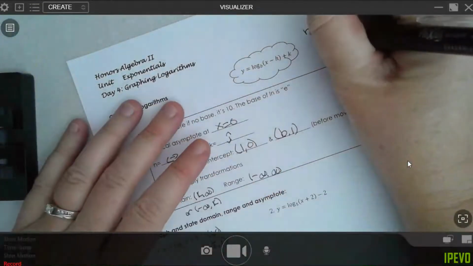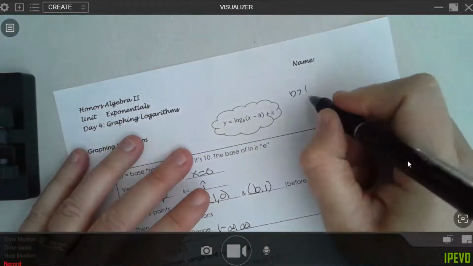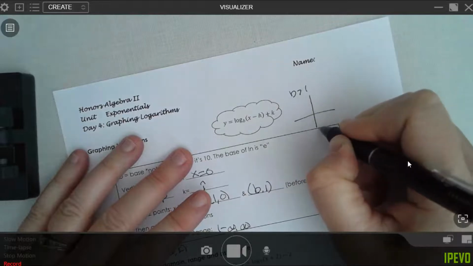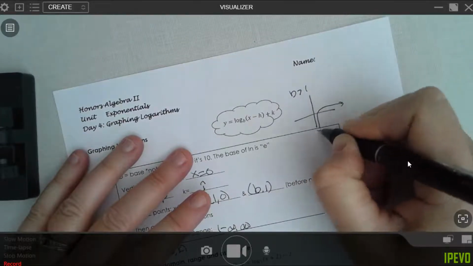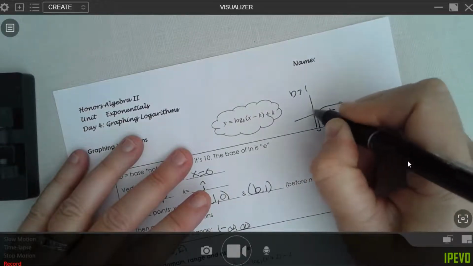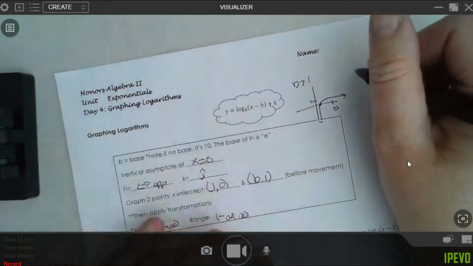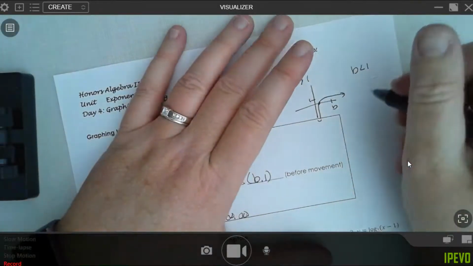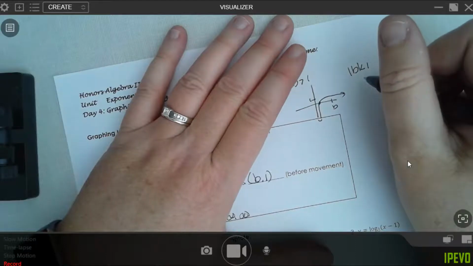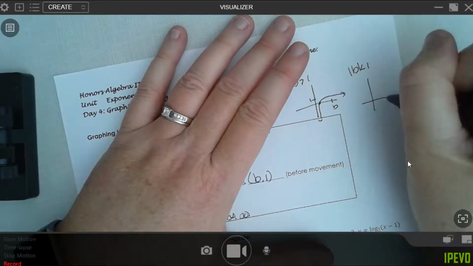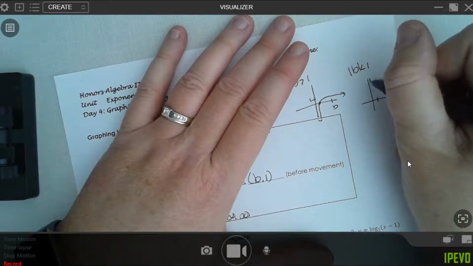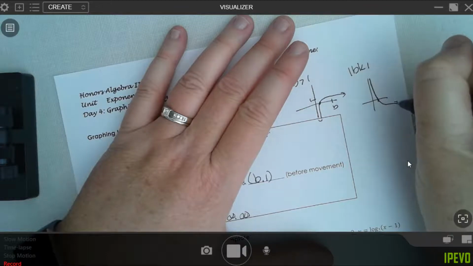If your b is greater than 1, then your graph will look like this, where you hit (1, 0), and then that's your (b, 1). If your b is less than 1, so between 0 and 1, then your graph actually ends up looking like this instead.